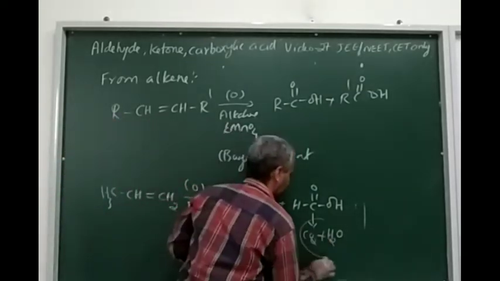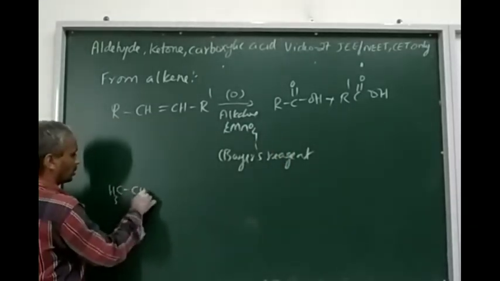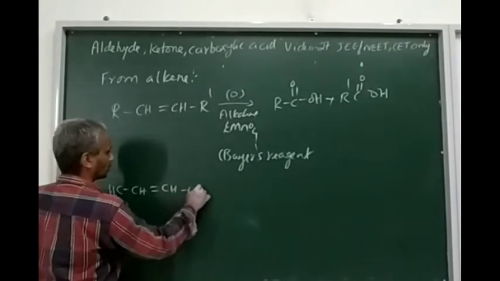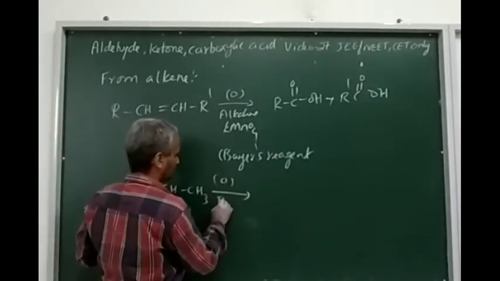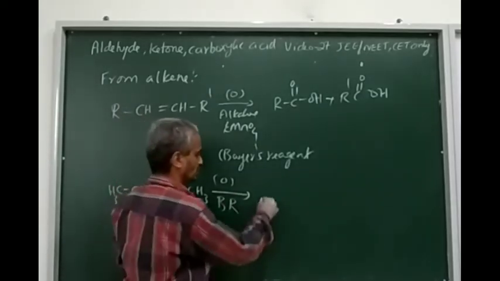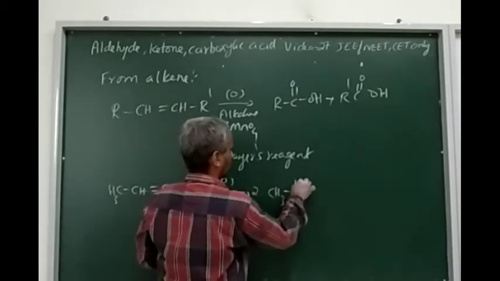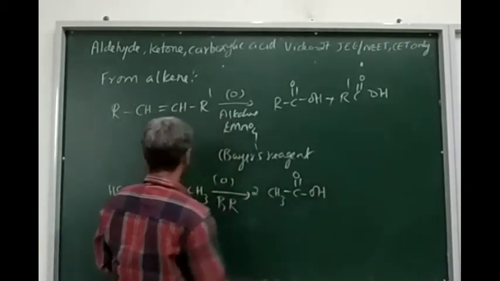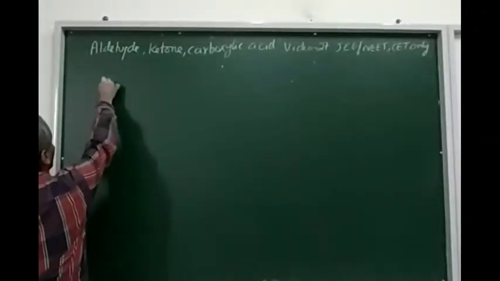This chance is also there. See this example: CH3CH=CHCH3 with oxidation by Baeyer's reagent. I am going to get 2 moles of CH3COOH. Here's a symmetrical alkene.